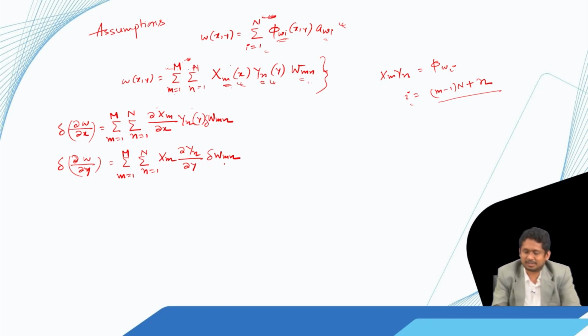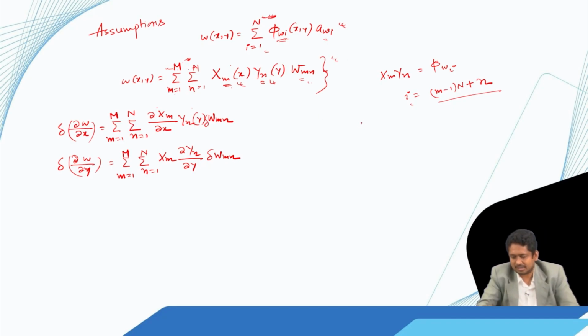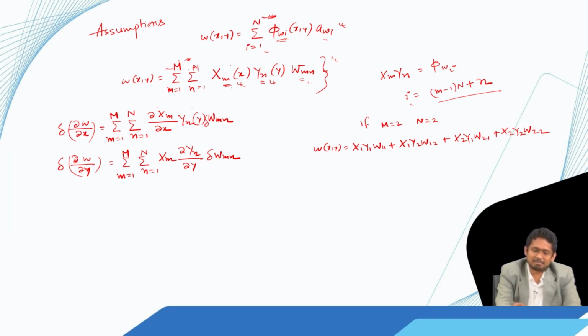Now, before proceeding further, just to illustrate this summation, if m equal to 2 and n equal to 2, then w x y becomes x 1 y 1 w 1 1 plus x 1 y 2 w 1 2 plus x 2 y 1 w 2 1 plus x 2 y 2 w 2 2. So, we get 4 terms, capital M multiplied by capital N.